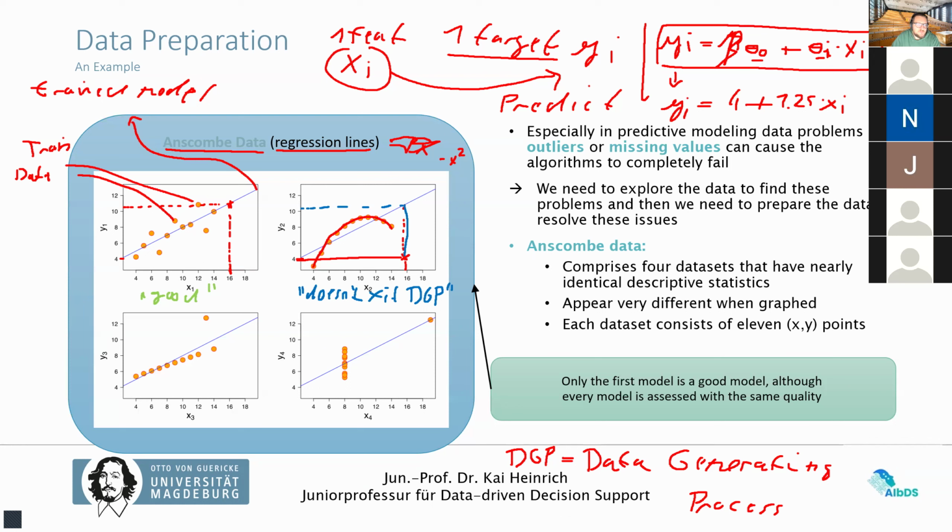Obviously we would not fit a line, but a model more like y_i equals some intercept plus a coefficient times x_i squared, and probably this coefficient will be negative, because the form is like this.